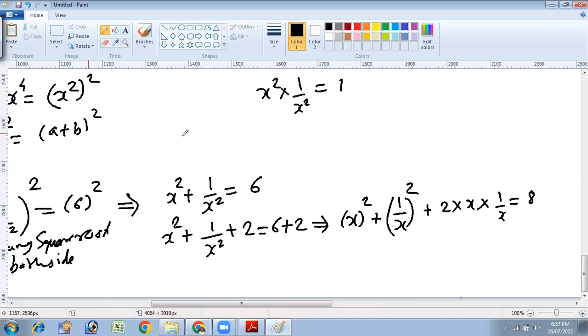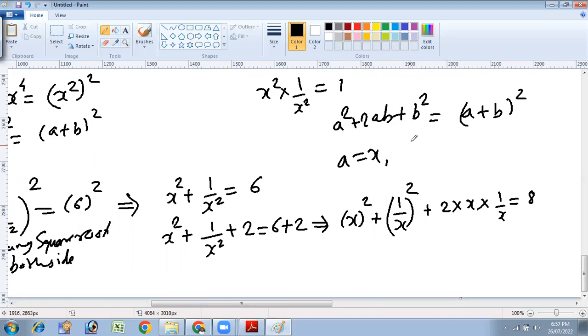Comparing this with this formula, a square plus twice ab plus b square, what will you get? (a + b) bracket square. What is a here? Here it is x, and here b is 1 upon x. So comparing by this, we get (x plus 1 upon x) bracket square is equal to 8.